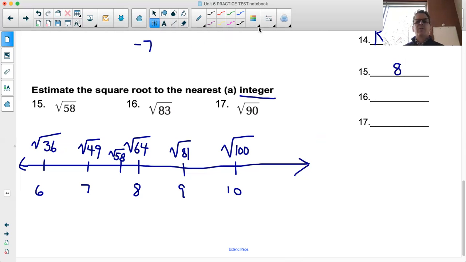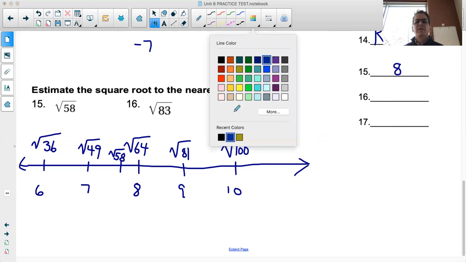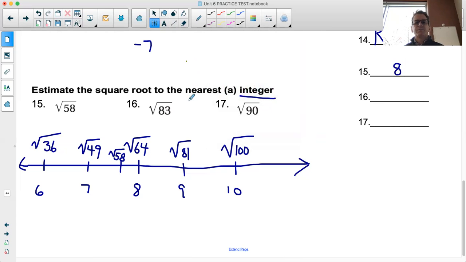I'm just going to switch colors for the next one to get a little bit of variety. Square root of 83. As you go along this number line, the square root of 83 is just past 81.